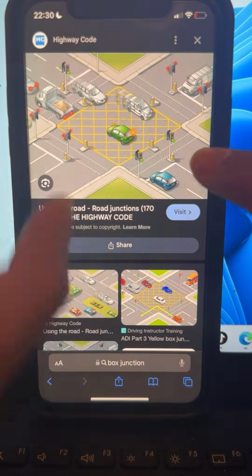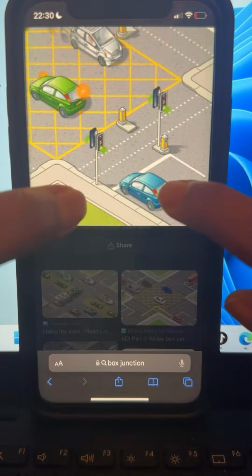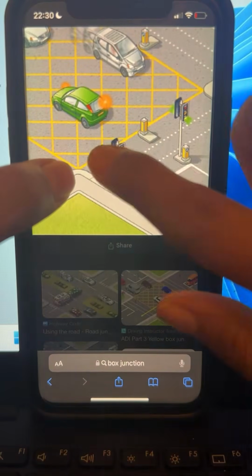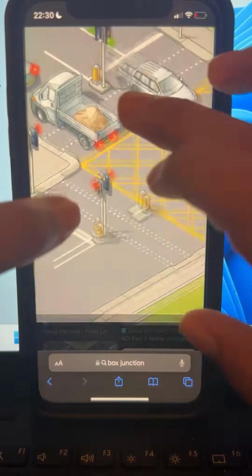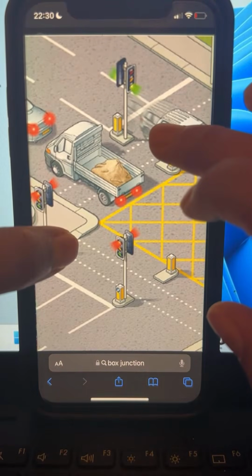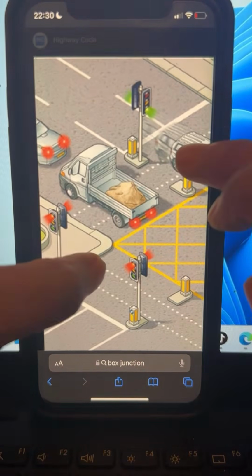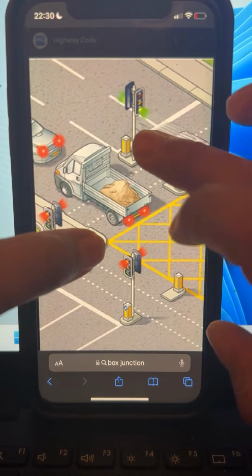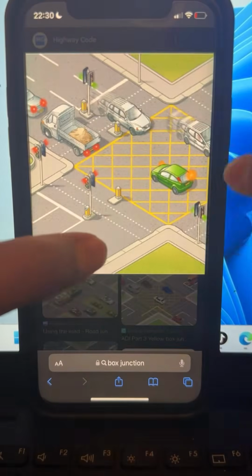Okay? So look at the blue car. The blue car, she didn't enter the box junction yet because her way is not clear. It's blocked with traffic. The exit is not clear. Okay? Good.